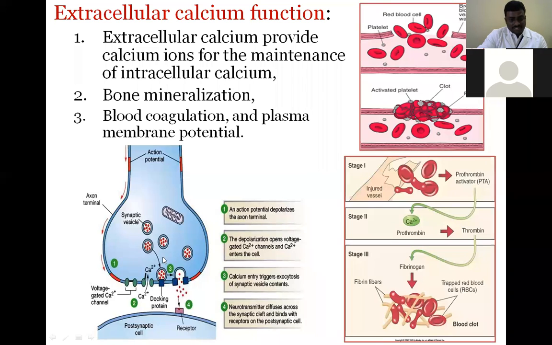This main reaction depends mainly on intracellular calcium. To maintain this reaction, the calcium concentration inside the neuron depends mainly on the extracellular calcium. This is one of the functions of extracellular calcium.